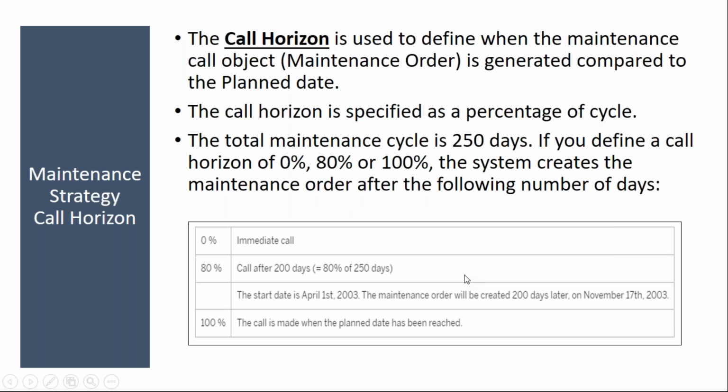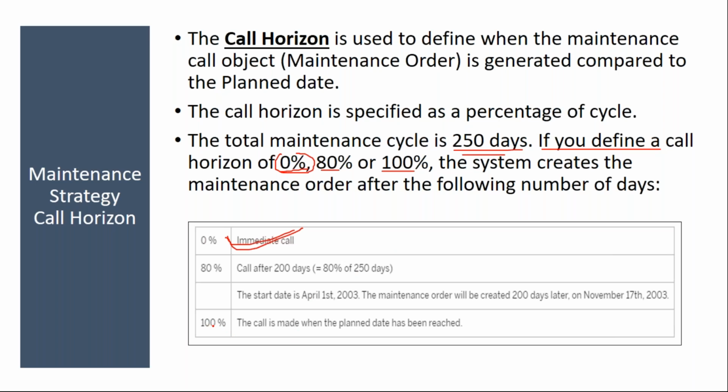Always remember the call origin is specified as a percentage of the cycle. Suppose your cycle is 250 days, and you define a call origin as 0%, 80%, or 100%. If you put call origin as 0%, the order will get generated immediately.